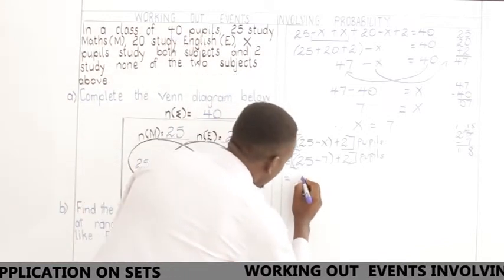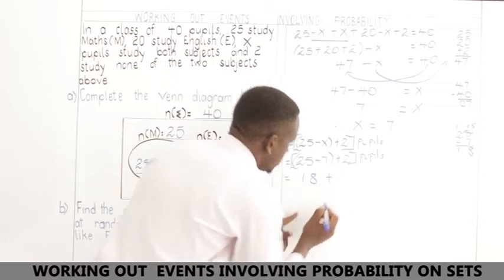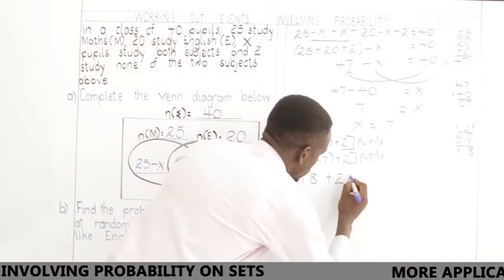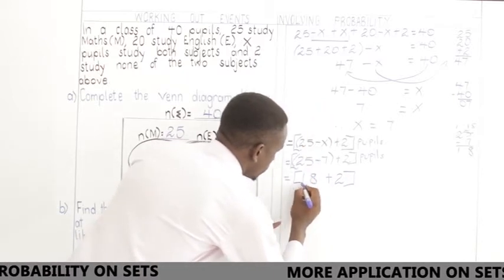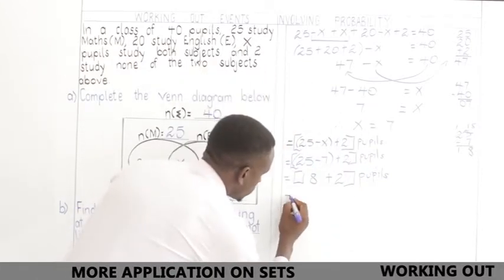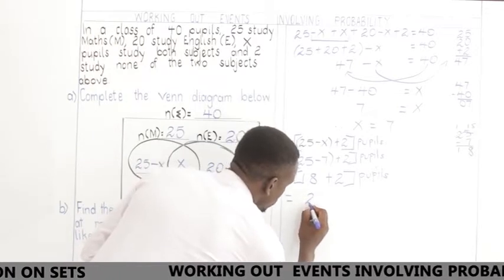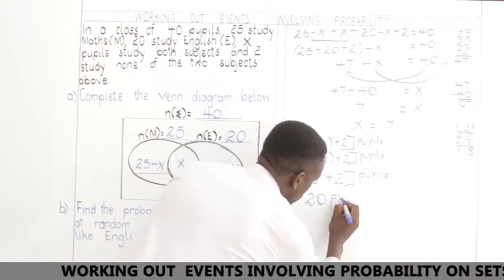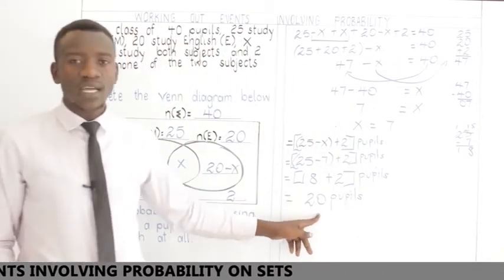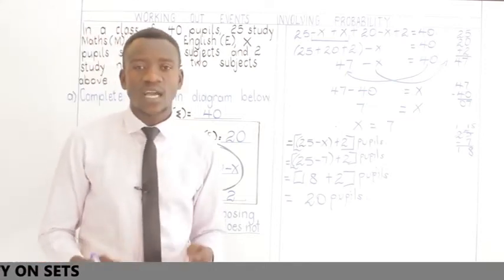So we shall have our final answer here as 18. 18 is the difference between 25 and 7, then plus 2. These are pupils. So the sum of 18 and 2 is 20. Then our units would be pupils. So this 20 stands for the number of pupils who don't study English at all.